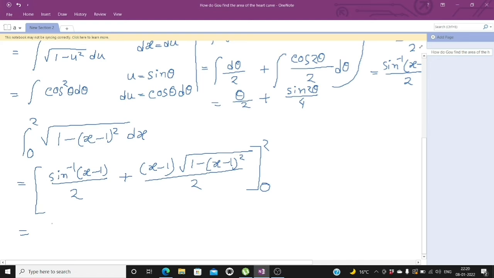Sine inverse 1 gives pi by 2, so it is pi by 4, and this thing simply becomes 0, so it will not be there. Again if we put 0, this part again becomes 0, so there is no contribution from this part. If we put 0 here, then it becomes sine inverse minus 1, which is minus pi by 2, but there is a minus sign also before, so there is pi by 4. Pi by 4 plus pi by 4 becomes pi by 2.